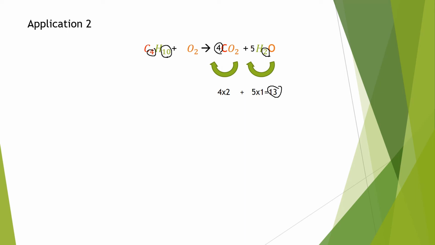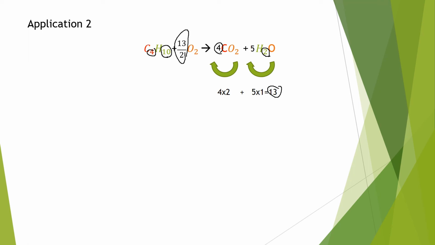So don't forget to count the oxygen here and here, okay? So I have 13 atoms of oxygen in the product. How can I balance it? I must put here, beside oxygen, 13 over 2, because 13 over 2 times 2 will give me 13.